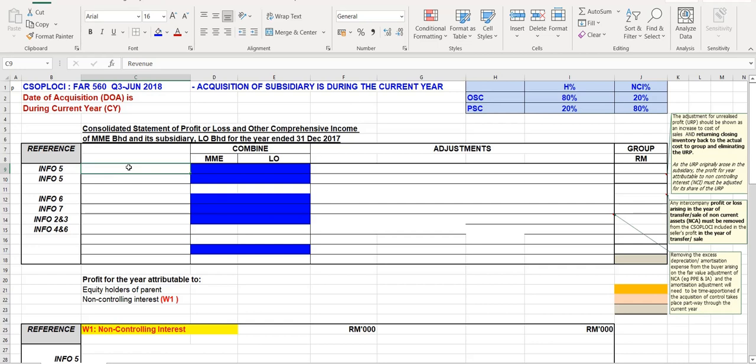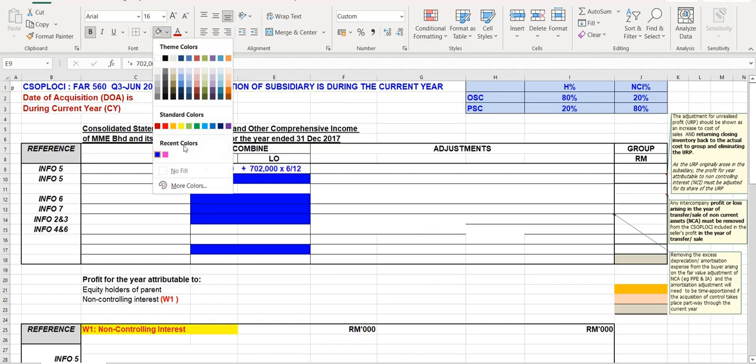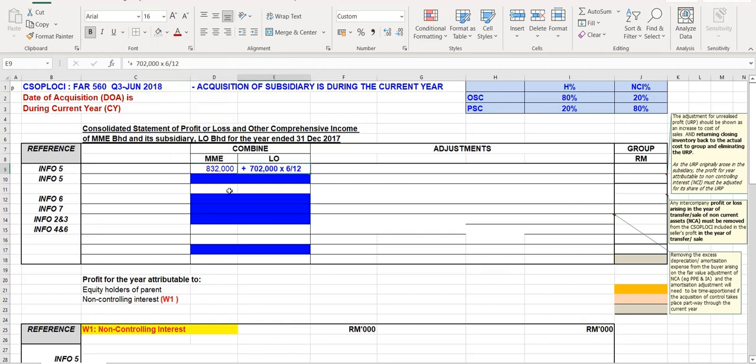So let me just rephrase again that when you have acquisition of the subsidiary during the current year, the post-acquisition period really matters. So for the parent, what you will do is consolidate, of course, in full the amount, but for the subsidiary, you are going to just show the amount that is during the post-acquisition period.